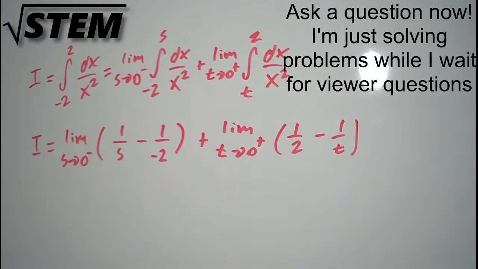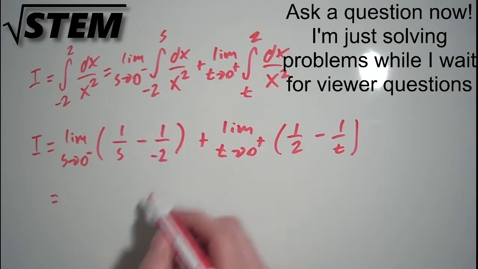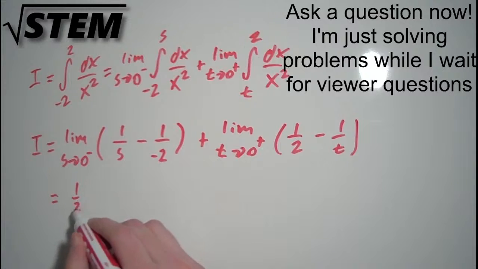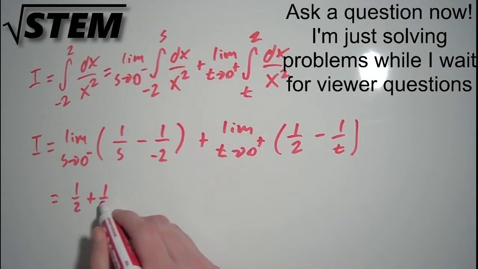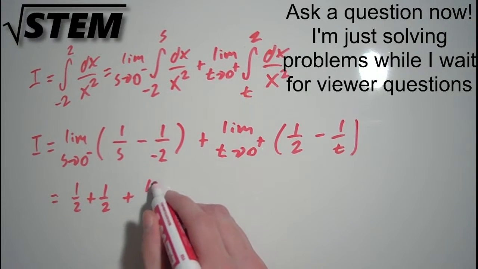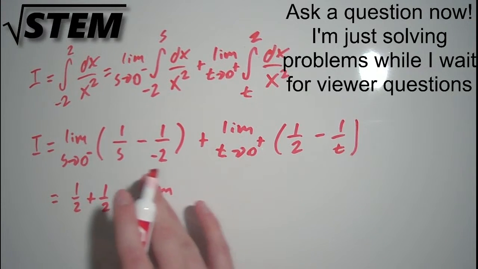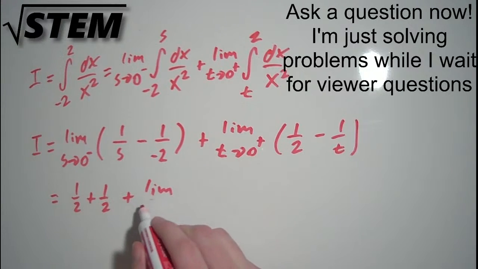So we could bring out the constants if we want. So that'll be +1/2. That's +1/2. And then we would have the limit. Why did I put a dividing bar into the limit?